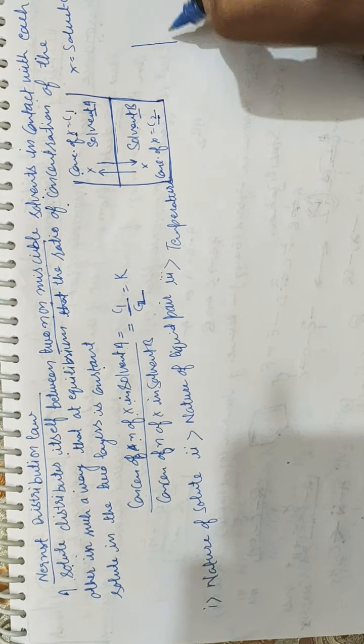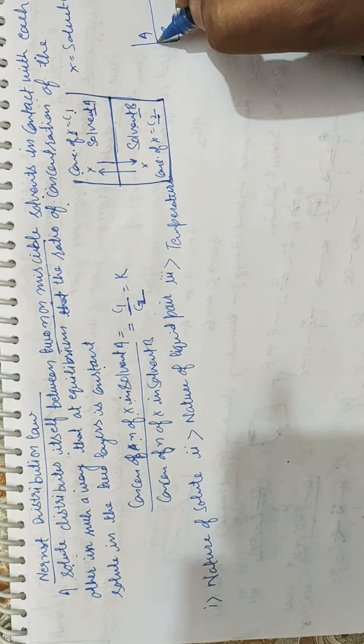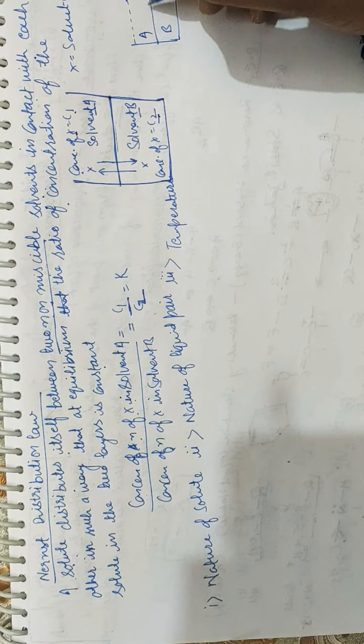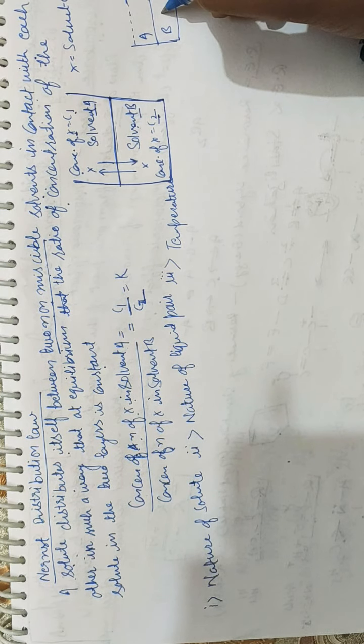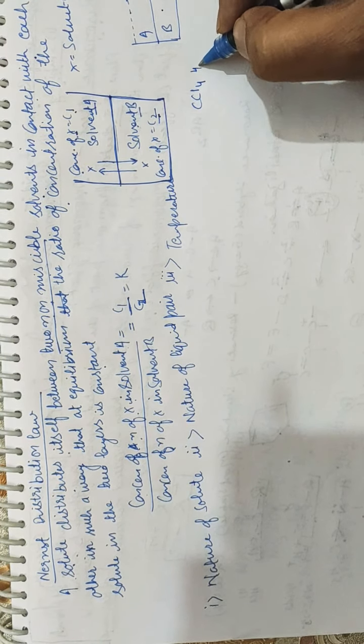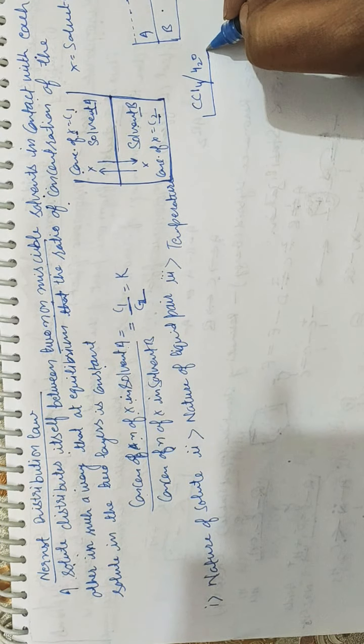So let's suppose that I take two solvents, solvent A and B. These solvents are non-miscible, that is they don't mix with each other and form separate layers. You will see in the lab that a carbon tetrachloride and water mixture forms an immiscible solvent pair.